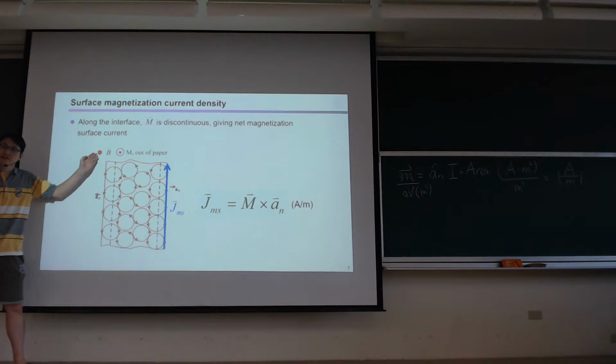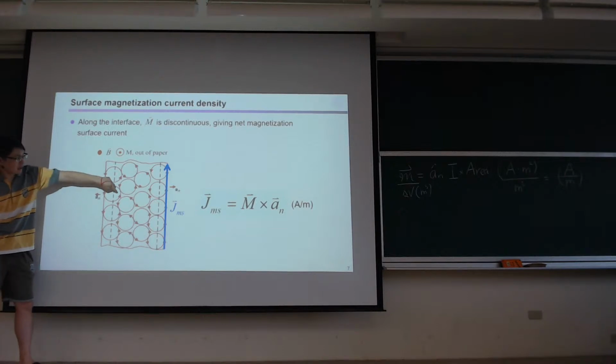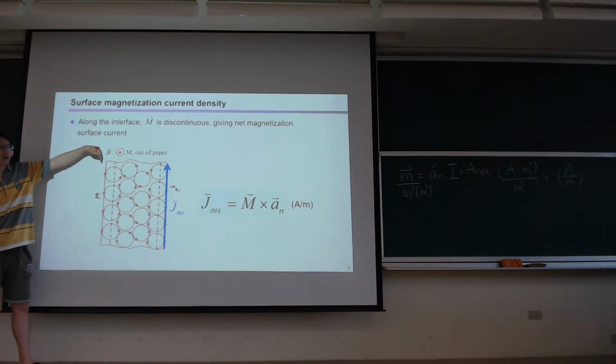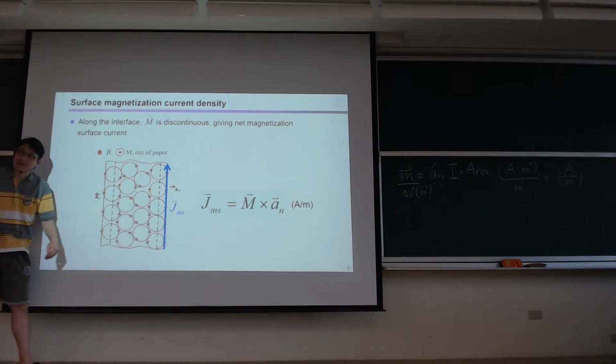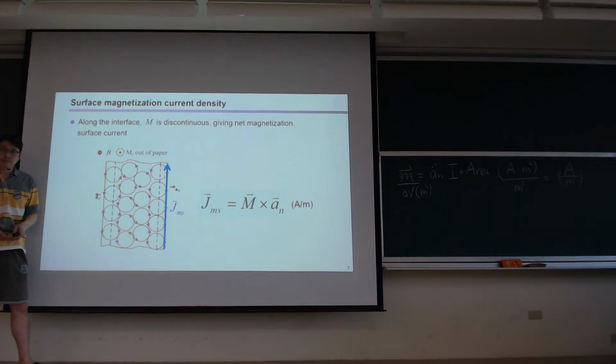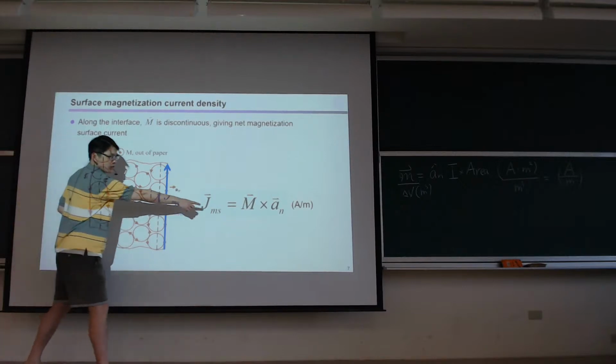What about this surface? Well, this surface, due to the current flowing direction, would give you a downward flowing current density, right? But the mathematical formula is still the same.